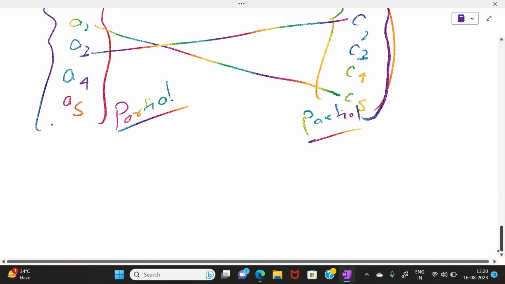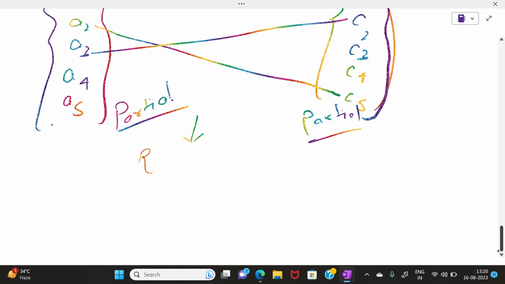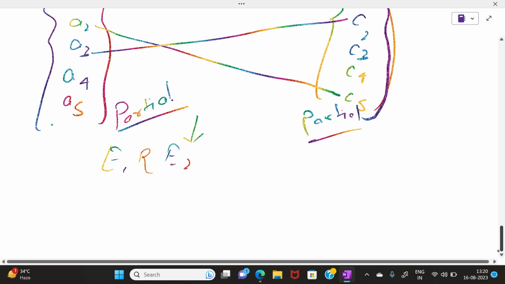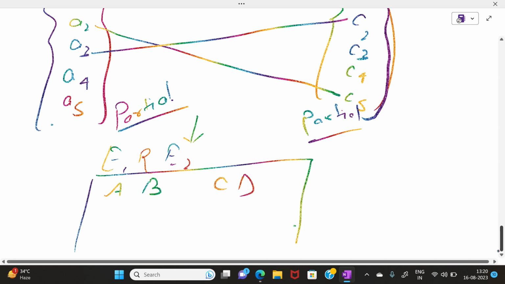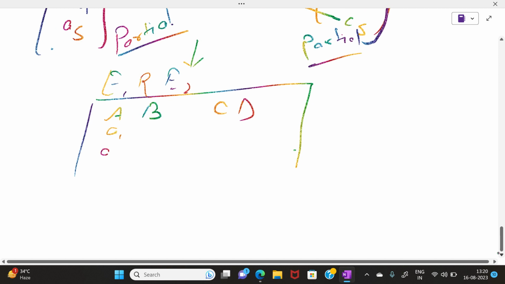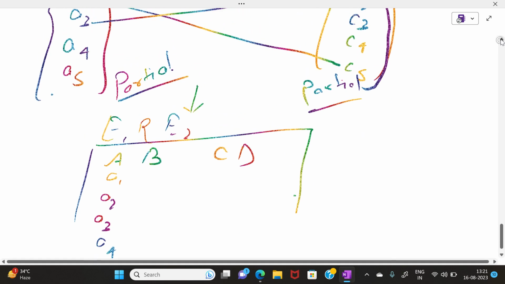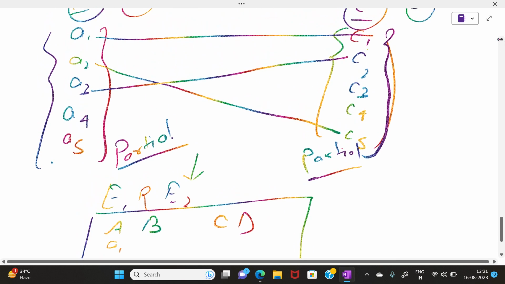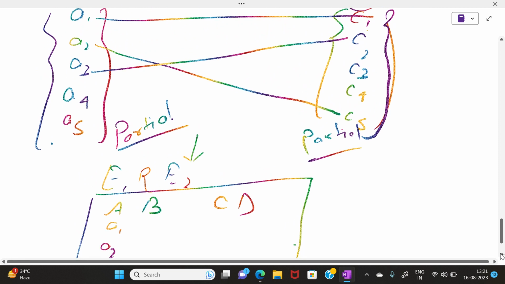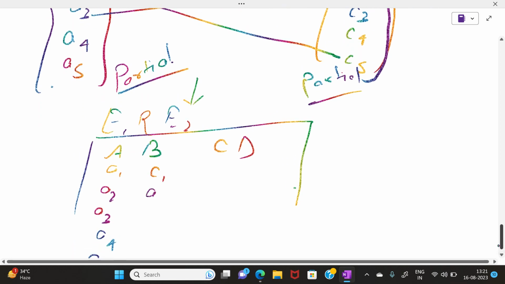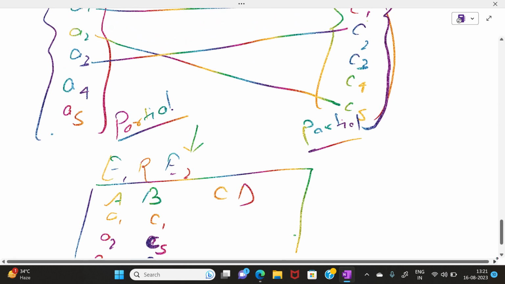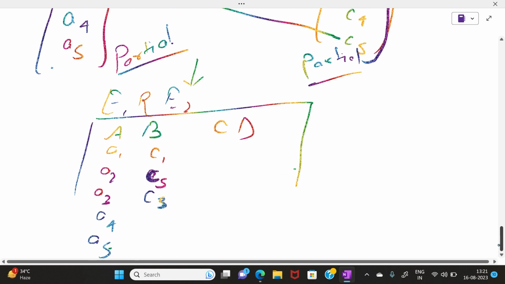Okay, so if we combine them together into one single RDBMS table, that would be like E1 R E2. So it will be something like A, B, C, D as the columns, and the values could be like A1, A2, A3, A4 and A5. For A1 we have the mapping as C1. For A2 we have the mapping C5. A3 is mapped to C2, right?